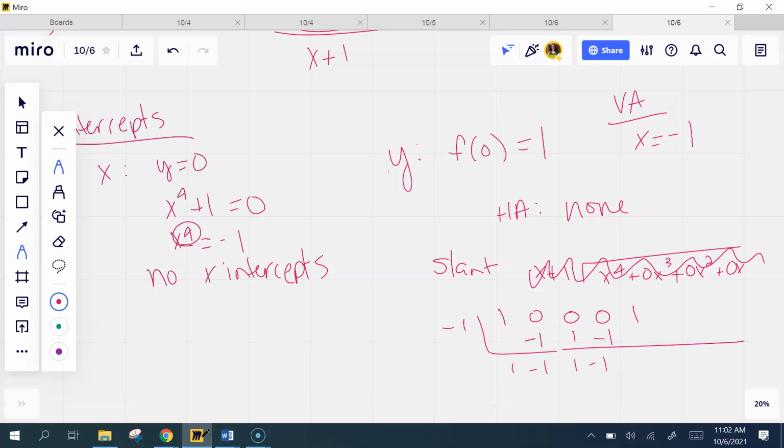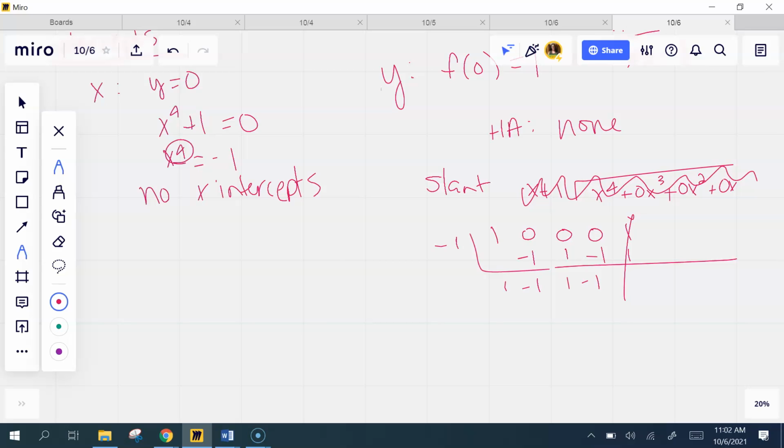Nope, negative 1. What does that mean if it's alternating? It's a bound. It's the lower bound. So my slant asymptote is y equals x to the third minus x squared plus x minus 1, which is a cubic.